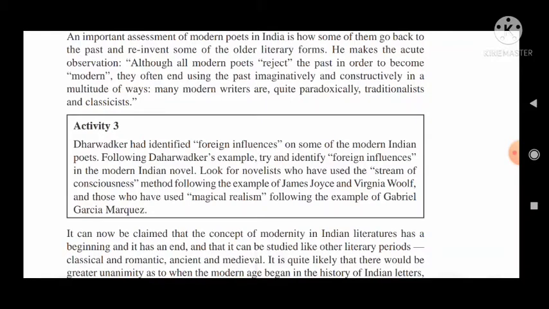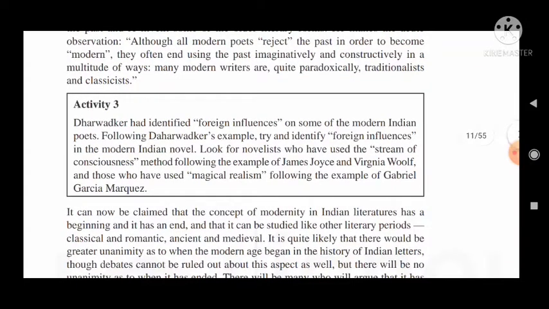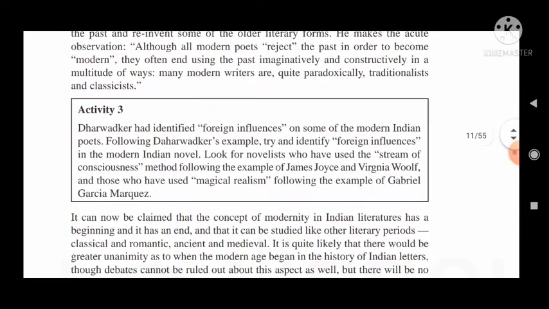Many modern writers are quite paradoxically traditionalist and classicist.